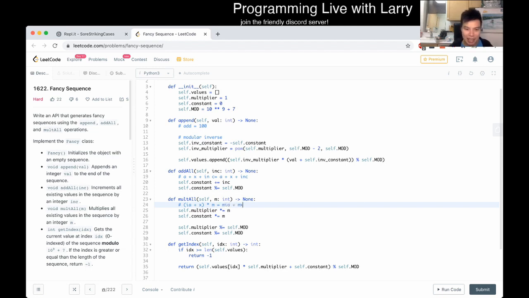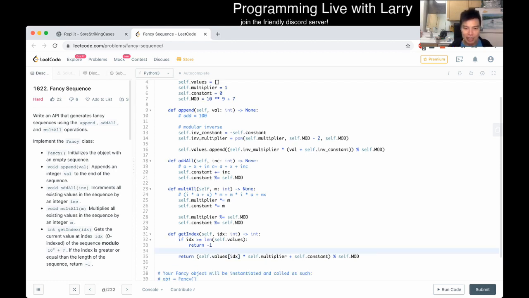Okay, variable name aside, that's basically where these two functions come from. And then this gives us the values that we store, because we already divided by and subtracted and then divided it. That's what inverse constant and inverse multiplier mean.